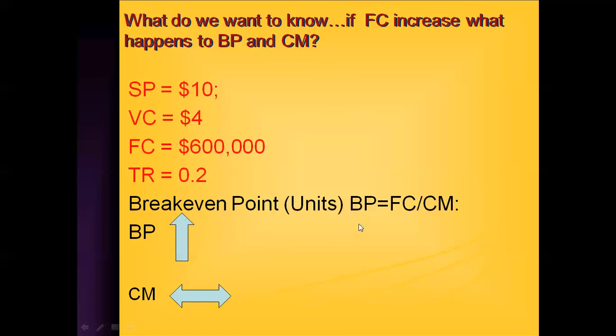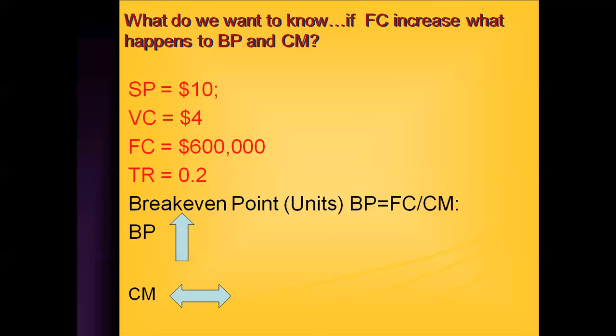Just because that is defined by the math, as we've talked about before, break-even point equals fixed cost divided by contribution margin. Your break-even point will have to change if your fixed costs increase.